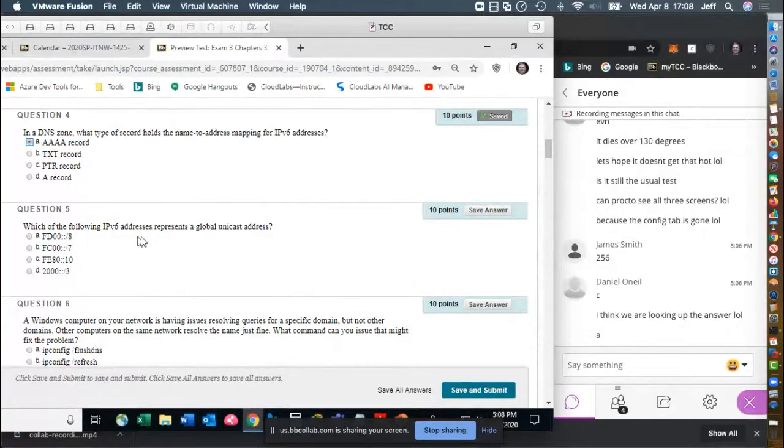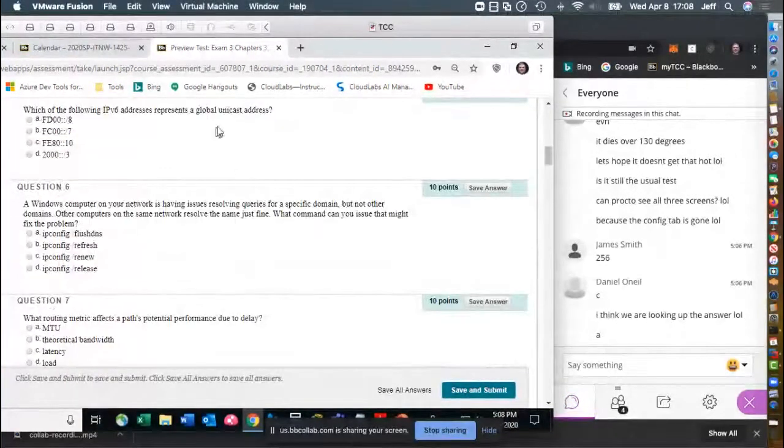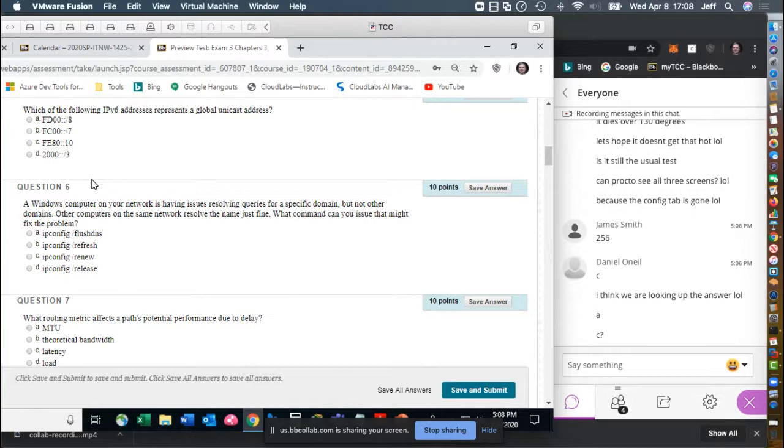All right, which of the following IPv6 addresses represents a global unicast address? C. Now, C is the link local. 2000. Answer D is the global unicast.